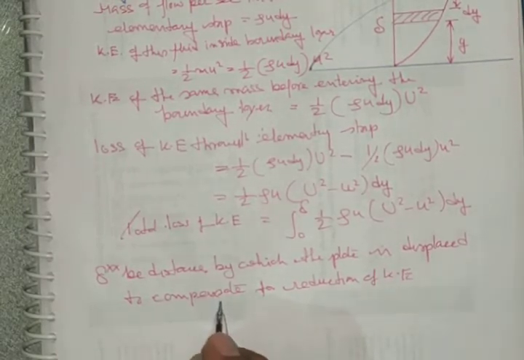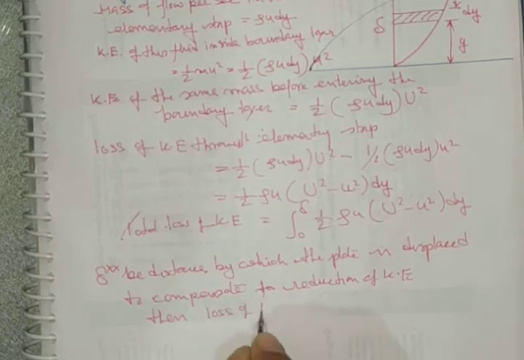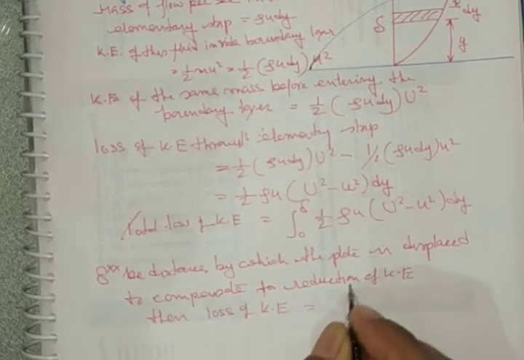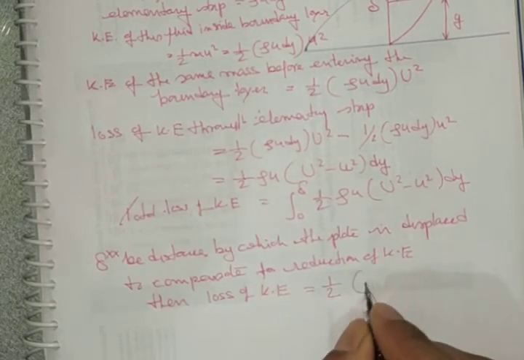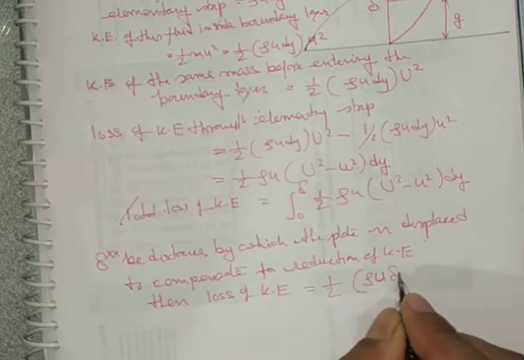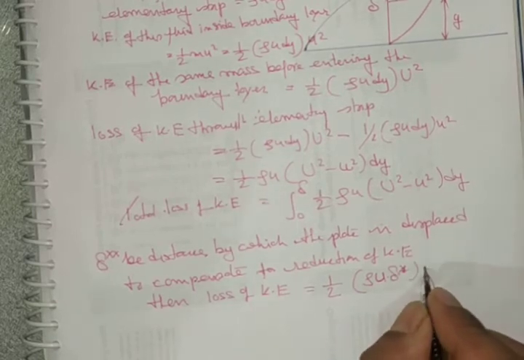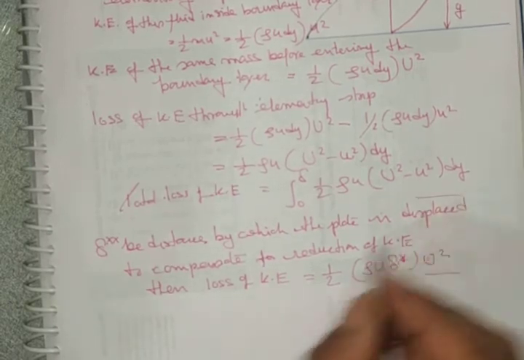Then loss of kinetic energy is given by half of rho capital U, that's the square. Now these two will be equal.